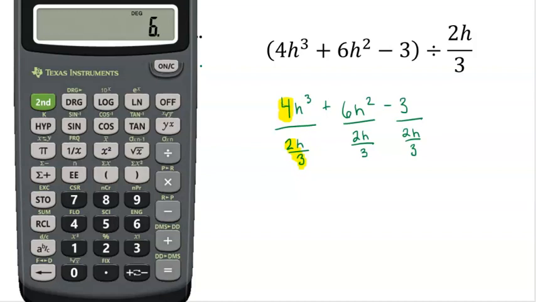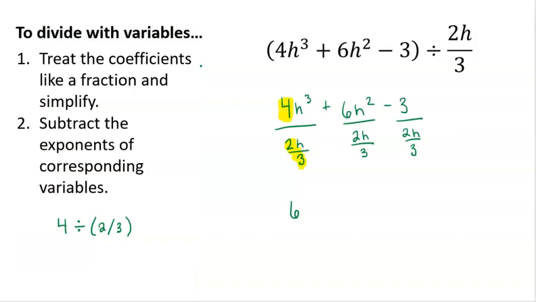So make sure that you're hitting that equal sign at the end. And this ends up being just 6, and so that makes it a lot easier. Then from here, remember this is 3 minus 1, and that gives us h to the second. And so don't be afraid.